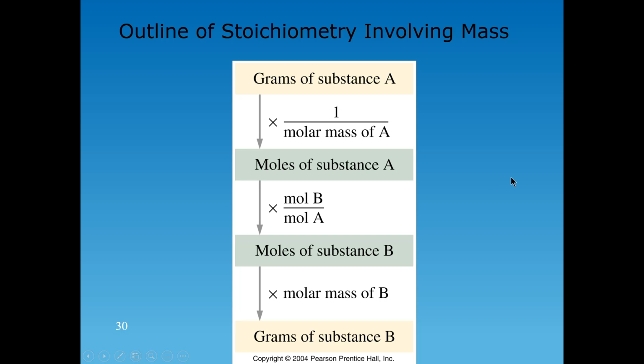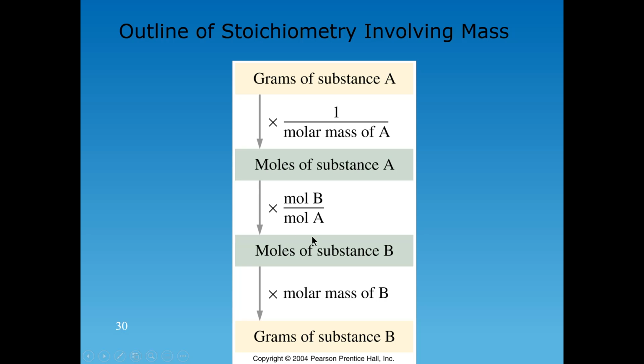And because the balanced equation gives you the mole ratio between any two substances, if given the mass of one substance, you need to convert it to the moles of that same substance. In other words, you multiply by a conversion factor which allows you to convert from grams to moles. So this is the conversion factor you'll be using, where you'll have 1 mole of A divided by the molar mass expressed in grams of A, and that will give you the moles of the substance.